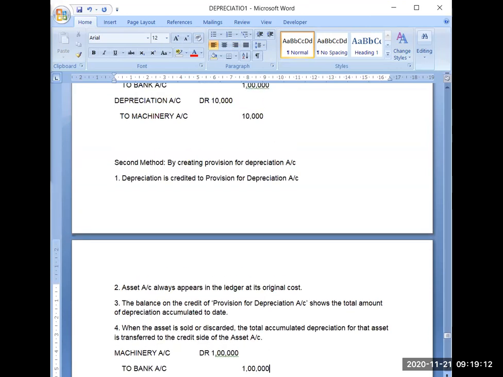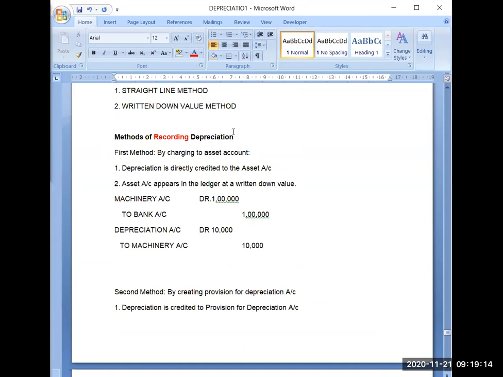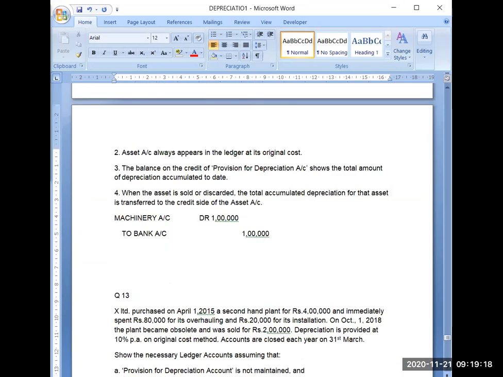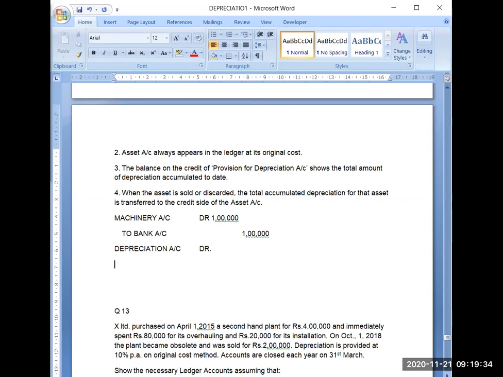That's why the heading is there, methods of recording depreciation. Now the second entry will be depreciation account debit, to provision for depreciation account.